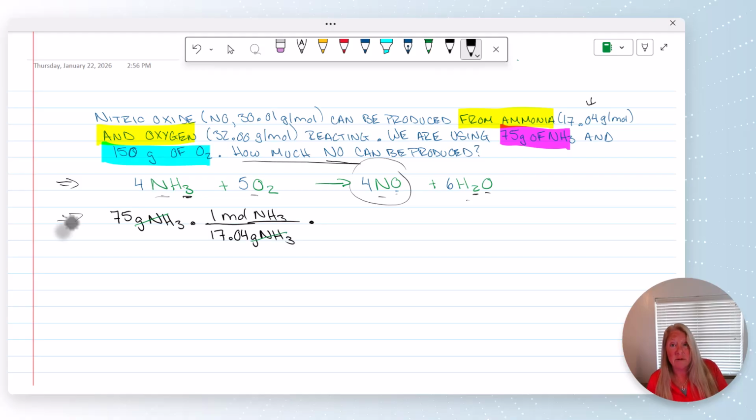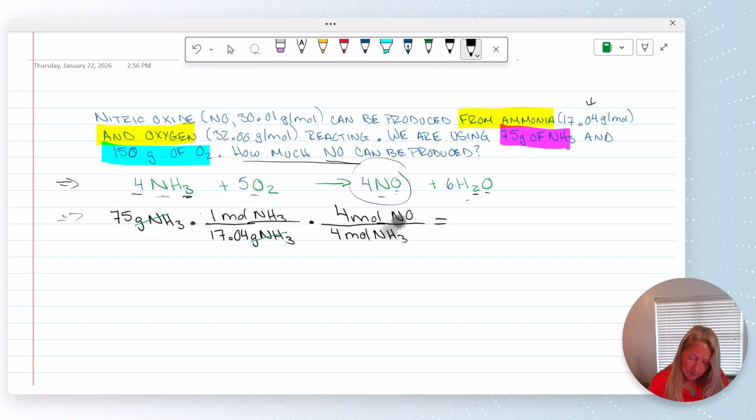It doesn't answer what is the least amount of my product I can create. So let's look at our stoichiometry. I need mole ammonia to go away. So my coefficient 4 there, it takes 4 moles of ammonia to make 4 moles of nitric oxide.